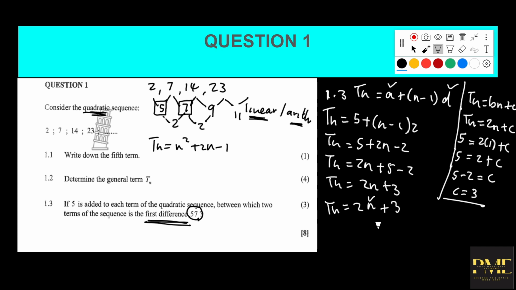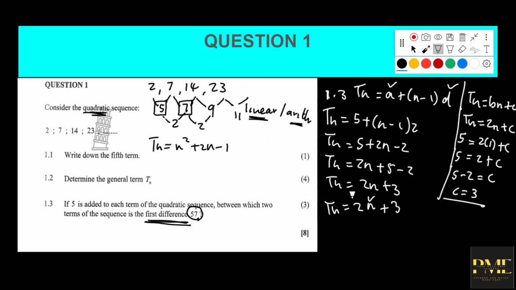So this is the first difference. If we can find n when the first difference is 57, then we can find the position of that difference, and then we can always relate it back to your actual sequence, which is your actual quadratic sequence.